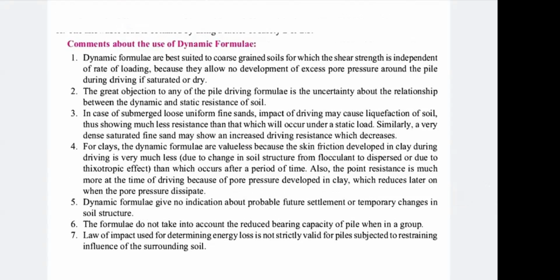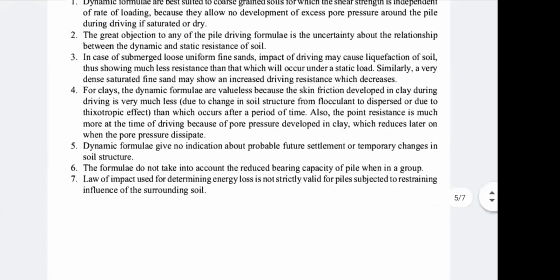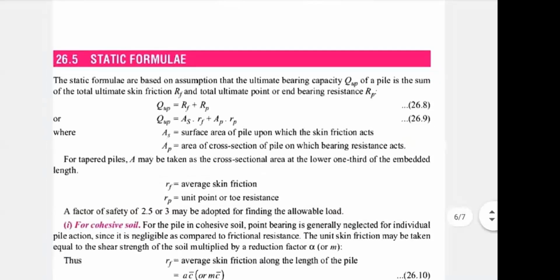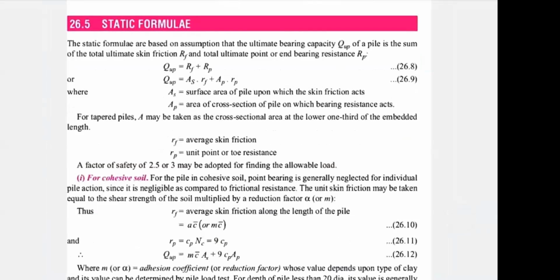Also, another disadvantage of the dynamic formula is that it does not give you the individual pile capacity if the pile is present in a group. The law of impact is the only procedure to determine the energy loss. I hope you are understanding this basic concept about the dynamic formula to determine the pile load capacity.